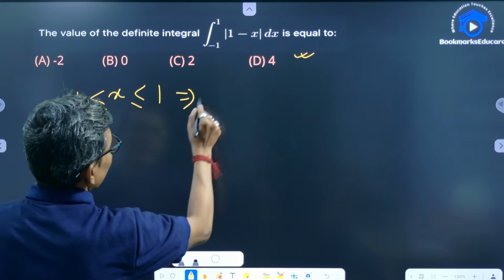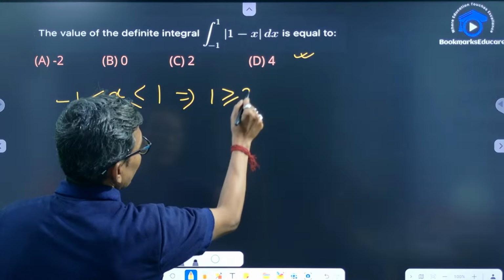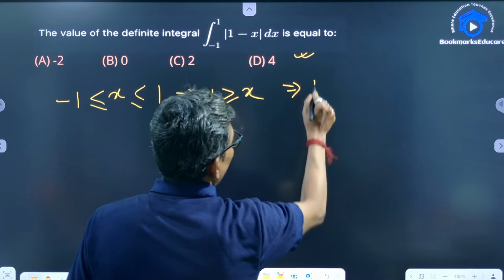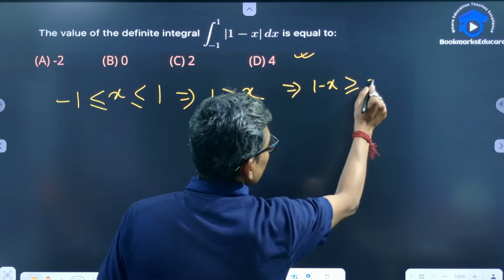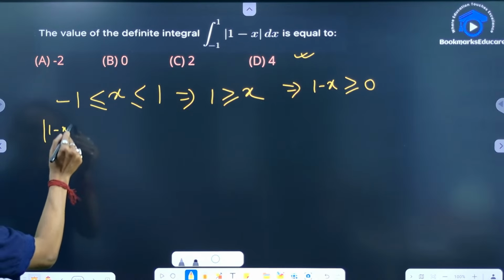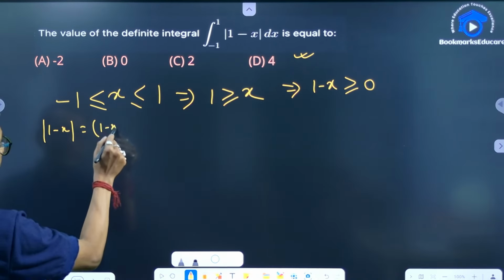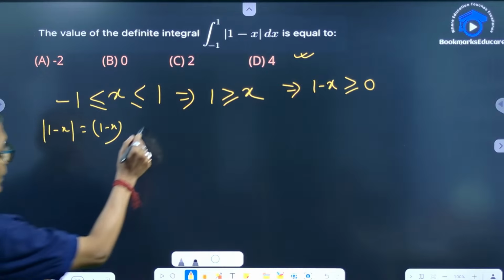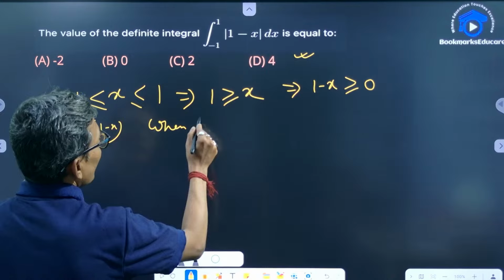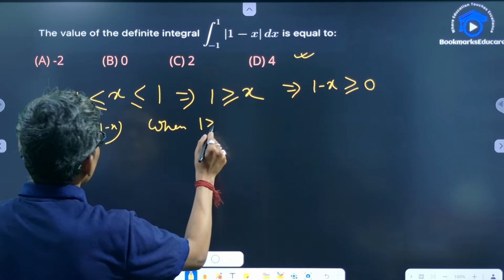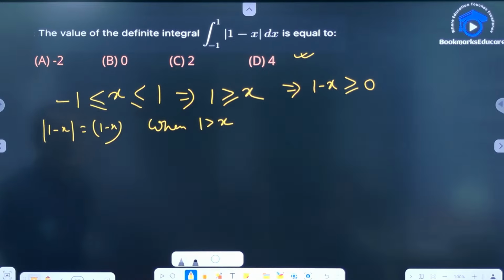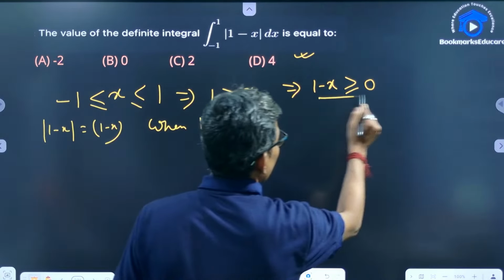So it implies that 1 is greater than equal to x. So 1 minus x is greater than equal to 0. Clear? So mod of 1 minus x is equal to 1 minus x; its value will be positive when 1 is greater than x. So here this condition is fulfilled.